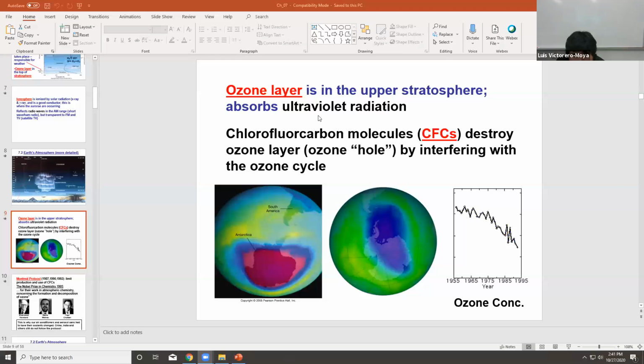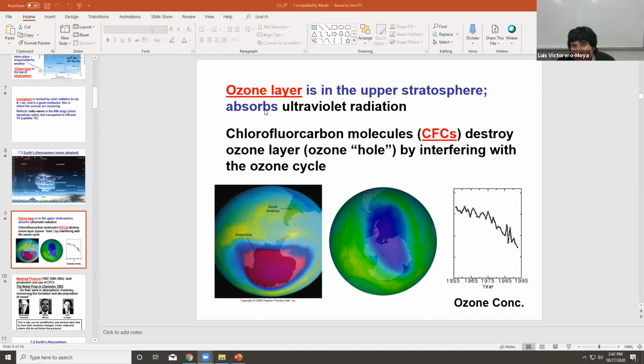Now, let me show you this slide here. So you have the ozone layer in the upper stratosphere, right? Why is it important? Because it absorbs UV radiation that is harmful for us. But we know since the early 90s that there was a hole, as you can see there, in the ozone layer.